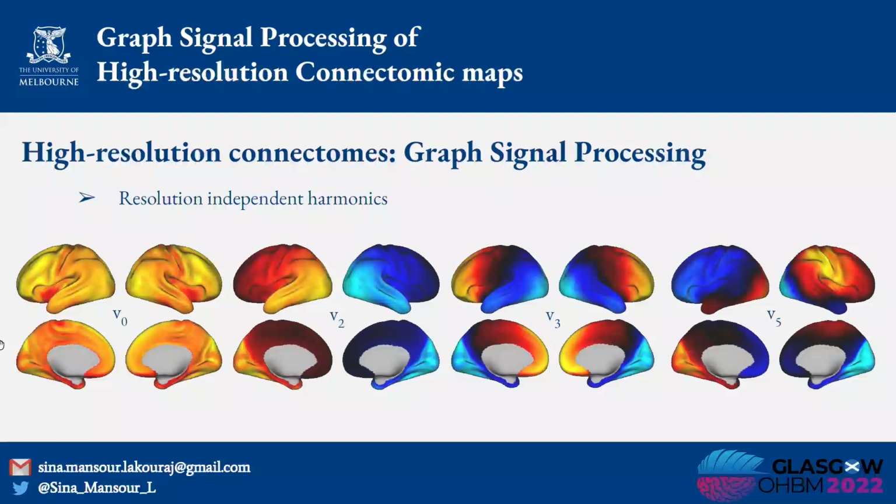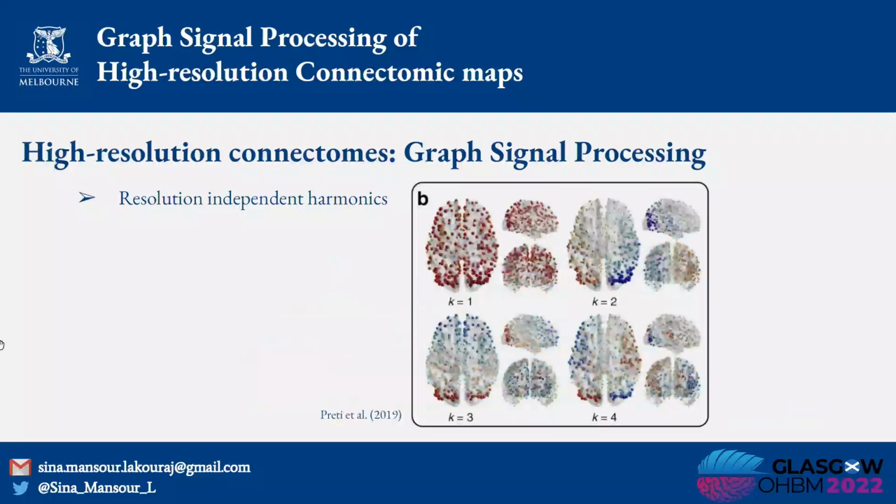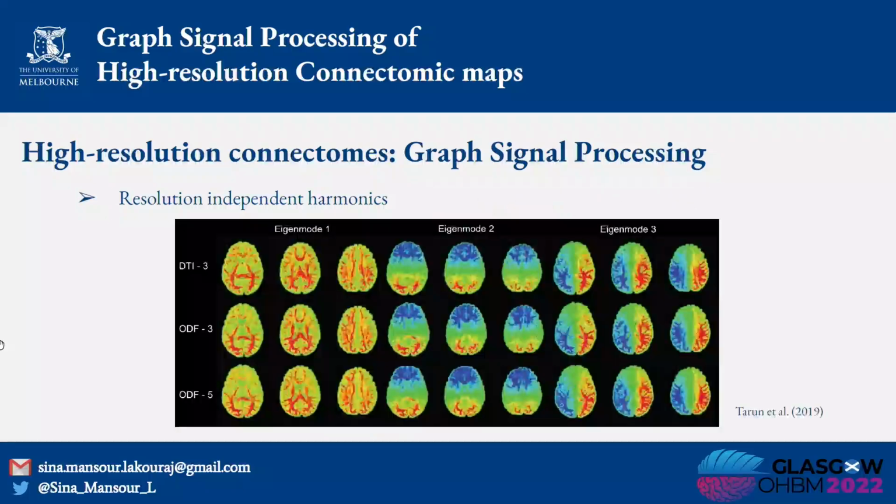And this is actually a feature that we observe across graph signal processing or harmonic studies in the past. So this is the seminal work by Selen Atasoy, and we can see the left-right separation harmonic as well as the anterior-posterior separation. Also, Julia's work has shown the very same components, but in a lower resolution atlas-based network setting.